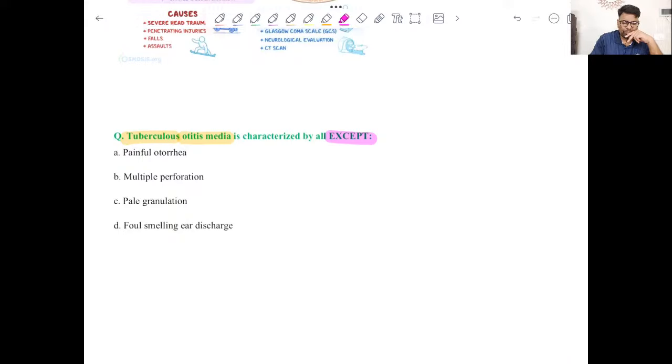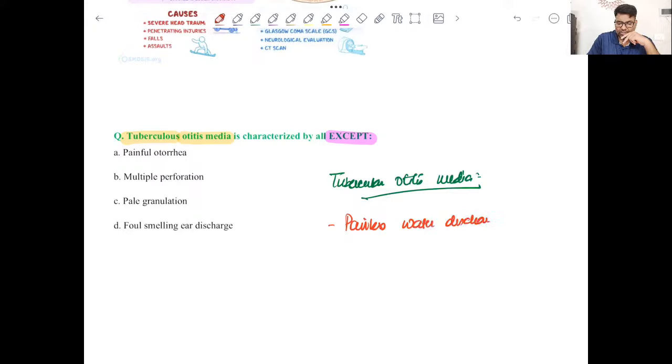There are two important points which I told you about tubercular otitis media. Number one is painless watery discharge, right?